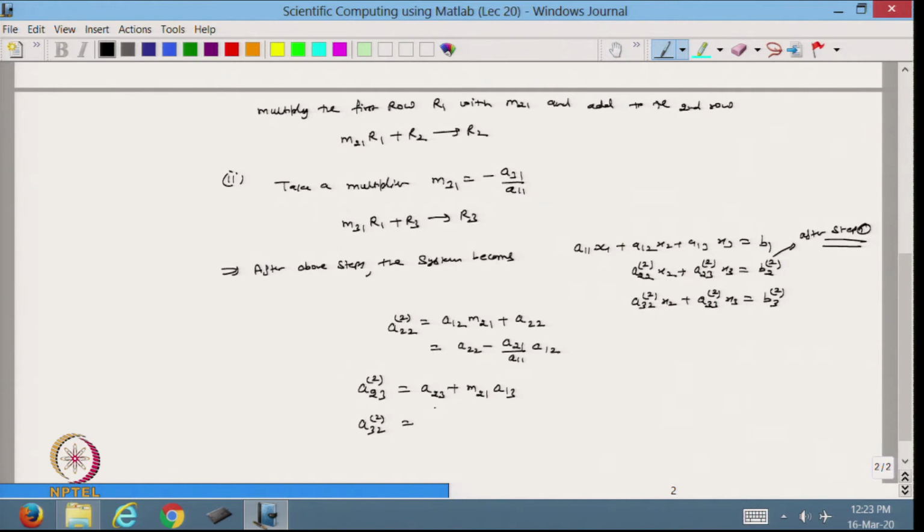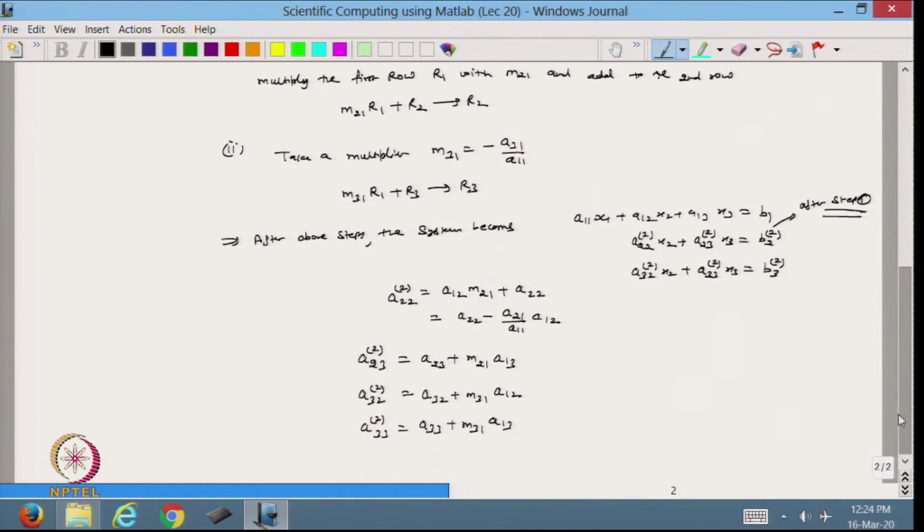It will be the same, multiplying and adding: A32 plus M31 A12. Okay. And then A33 will be A33 plus M31 A13. So, this will give me the values, and then from here I can write my B2 and B3 also.